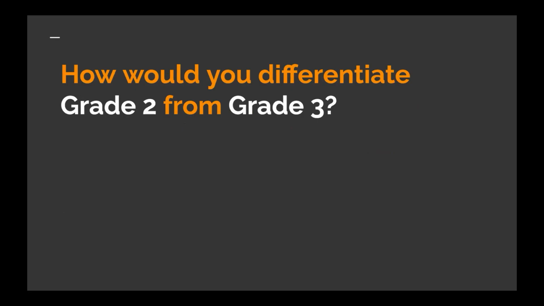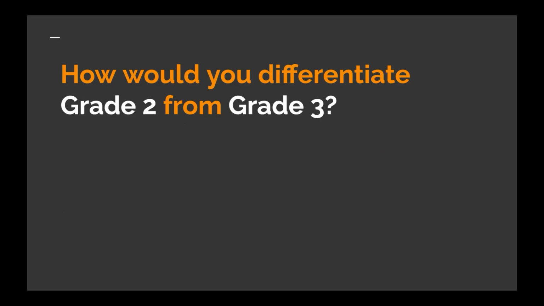So, how would you differentiate grade 2 from grade 3? Can somebody from the listeners comment on this? Yes, ma'am. In grade 2, there is no anaplasia, no microvascular proliferation, no necrosis. But in grade 3, there is anaplasia and microvascular proliferation.